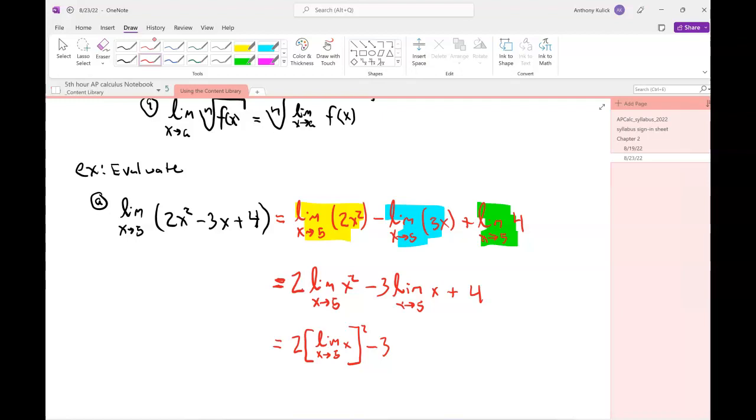And then on the second limit, I'm going to apply property 8 that allows me to replace the limit as x approaches 5 of x with just 5.